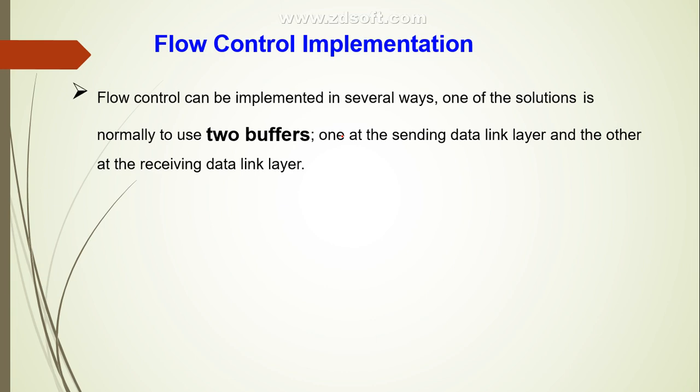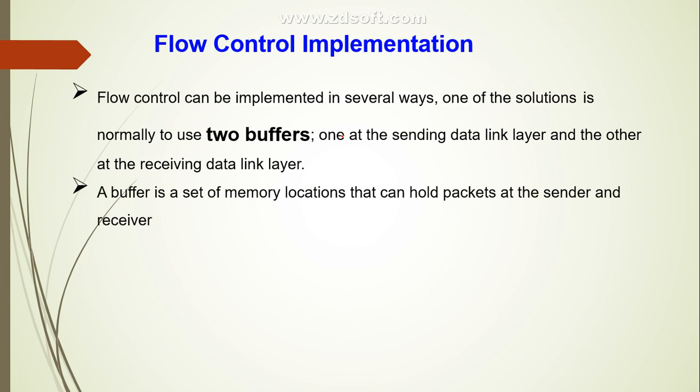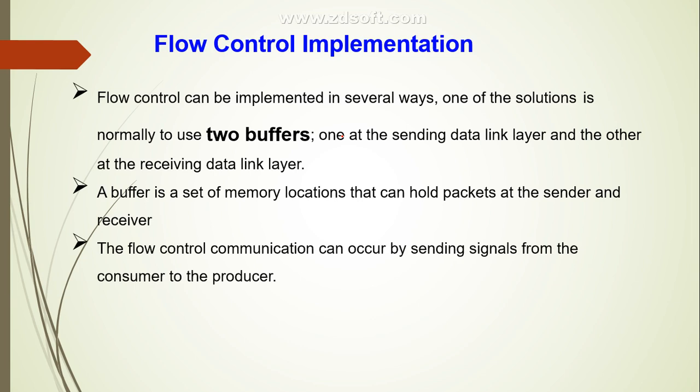So how are we going to implement flow control, guys? Flow control can be implemented in several ways, but one of the solutions is normally to use what? Two buffers. One at the sending data link layer and the other at the receiving data link layer. And what is a buffer? It is nothing but a set of memory locations that can hold the packets at the sender and the receiver.